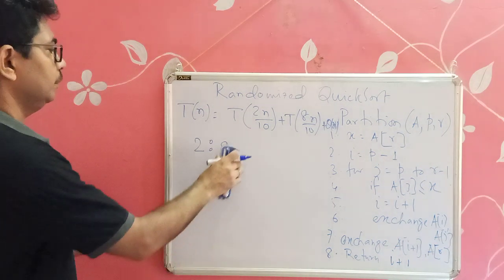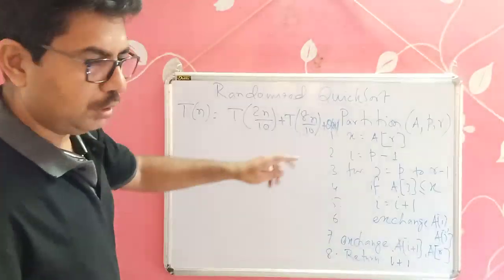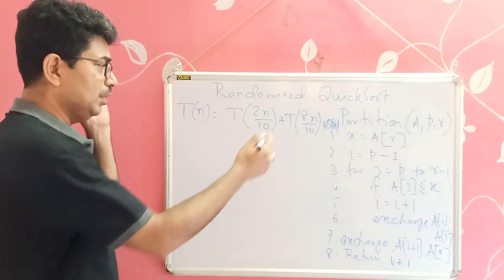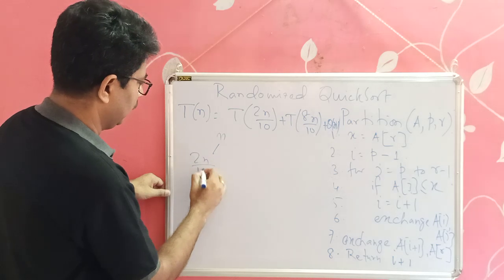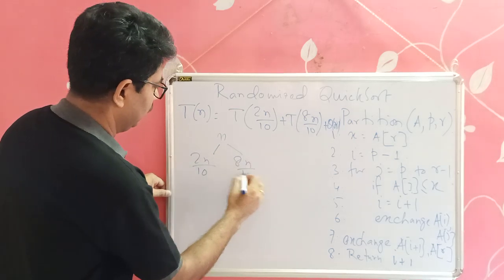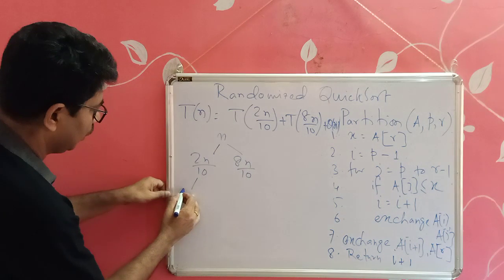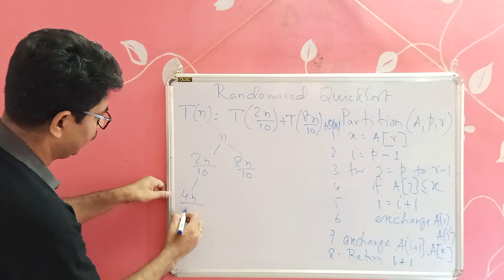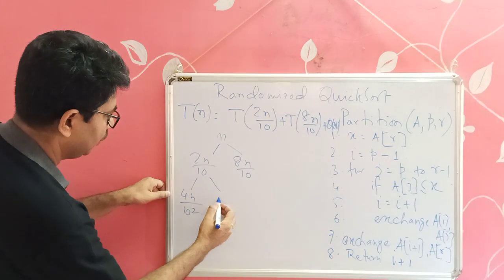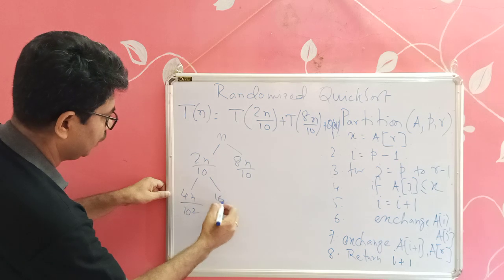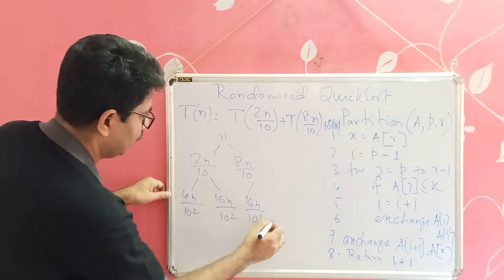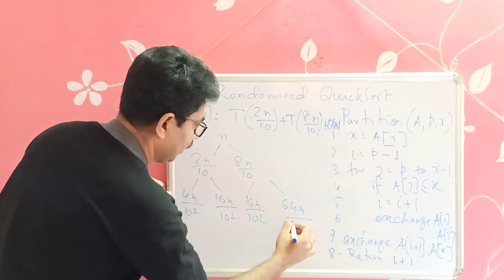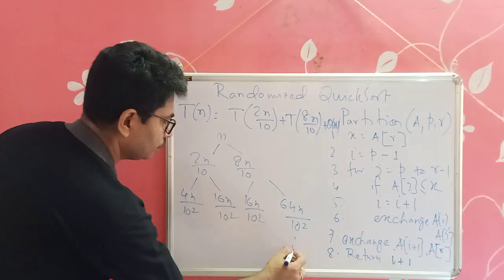If we draw the recursive tree for this, then what will we get? n splits into 2n/10 and 8n/10, then 4n/100, 16n/100, similarly 16n/100, 64n/100, and so on.